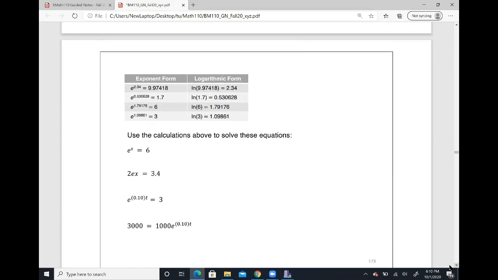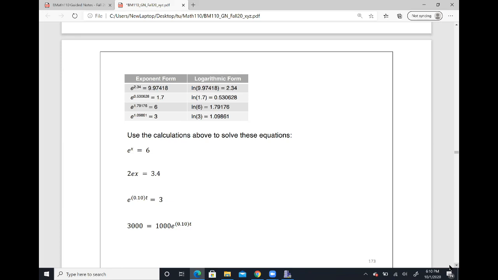Okay, here is the exponent form. The left hand side is exponent form, and the right hand side is log form. You can see it is similar to the table above about base 10.